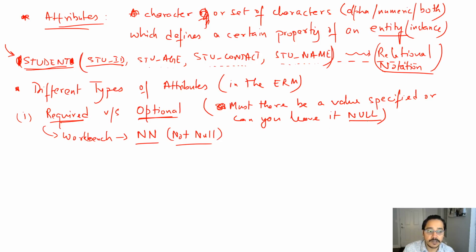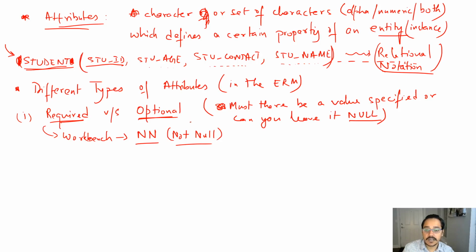Because later on, when we go to SQL, we will see that there are some operations known as aggregate functions, which allow you to perform different kinds of arithmetic operations like sum, or finding the max, the min, the mean value, and so on and so forth. If you apply those on attributes which are optional, then it's going to give you some skewed or incorrect results.